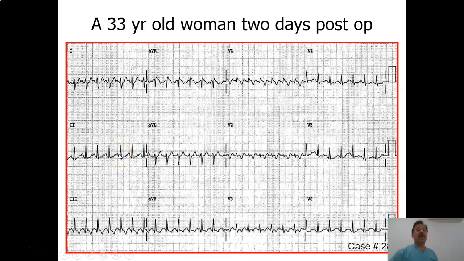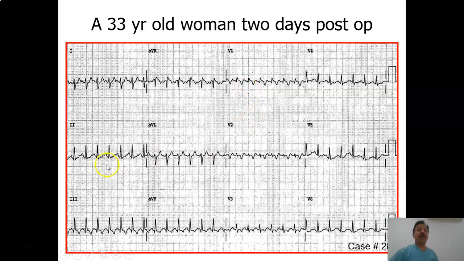So this is right atrial enlargement. Look for the bundle branch blocks. Yes, there is possibility of right bundle branch block. Not the typical picture, but maybe there is a right bundle branch block.